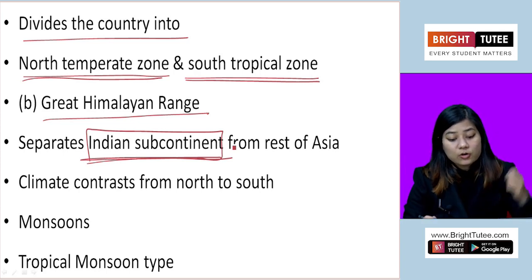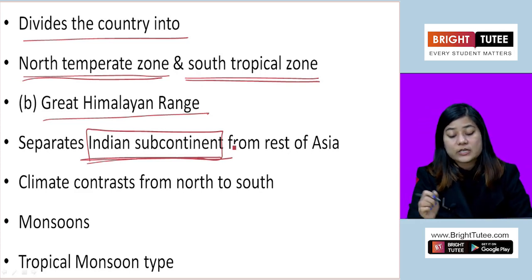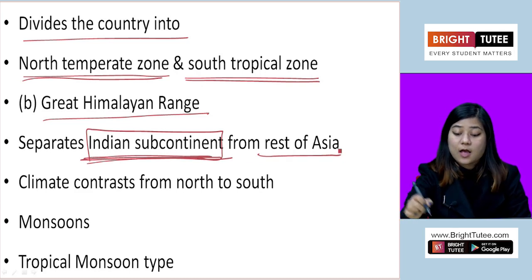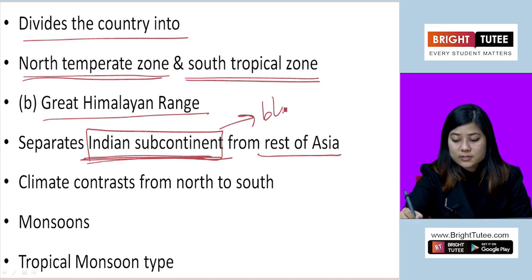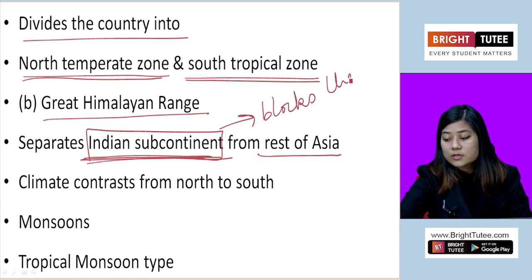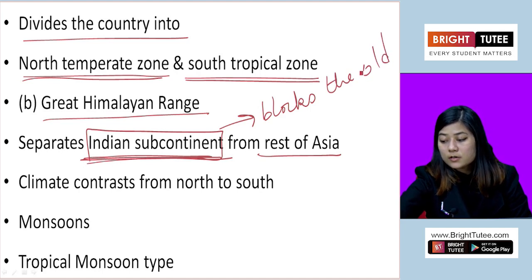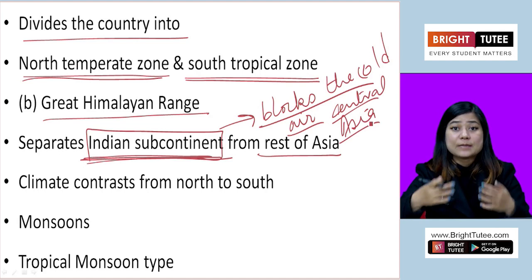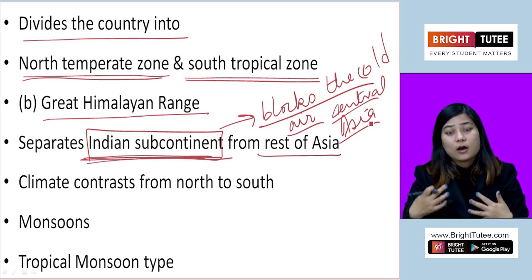So this Himalayan range not only separates the Indian subcontinent from the rest of Asia, but it also blocks the cold air that blows from Central Asia and keeps India and the South Asian countries warm.